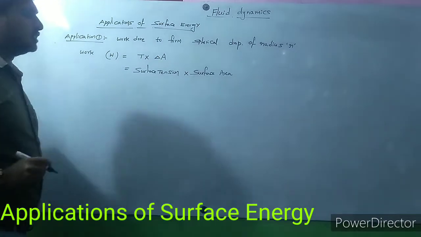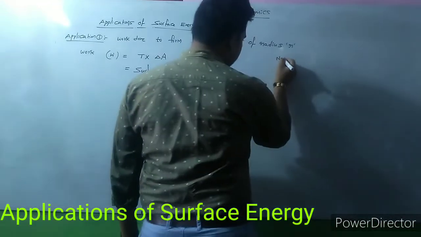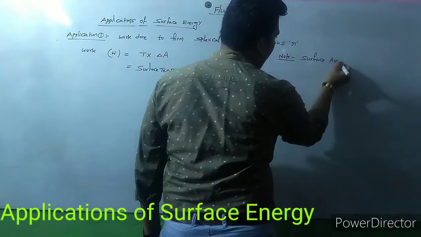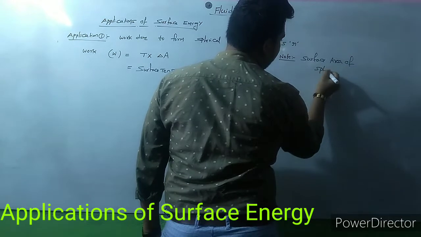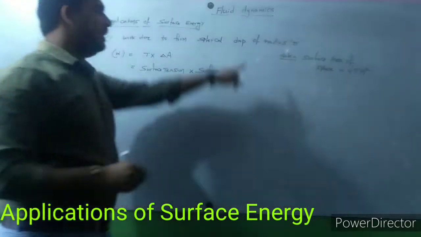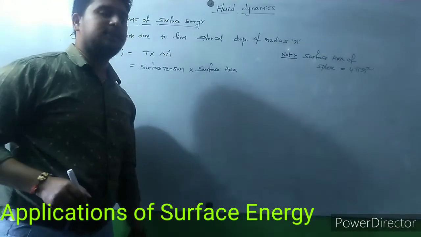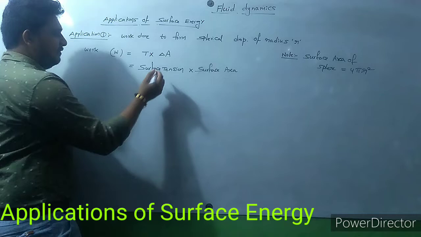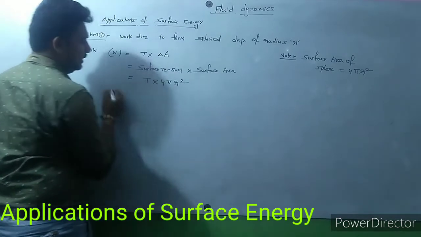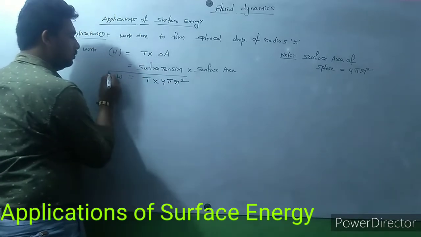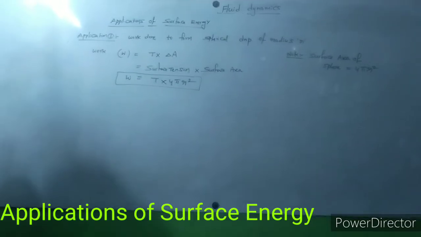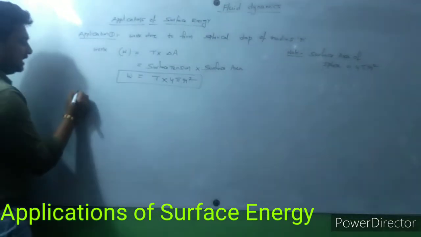What is the surface area of a sphere? Already you know, note this point. Surface area of sphere is 4 pi r square. Here radius is r, so definitely surface area of the sphere is 4 pi r square. So work done is surface tension T into 4 pi r square. That is called work done to form a spherical drop of radius r. Next, application number 2.